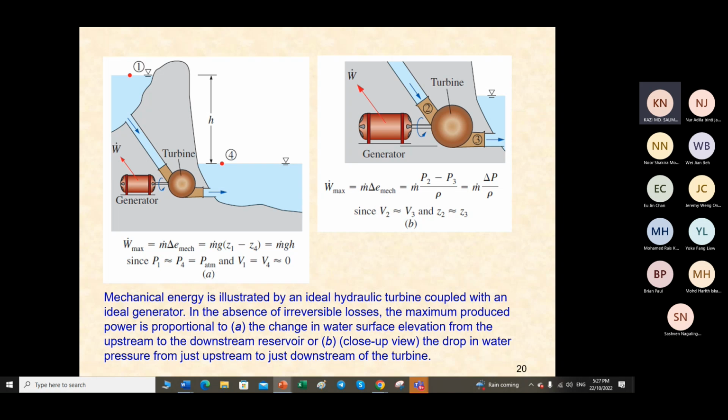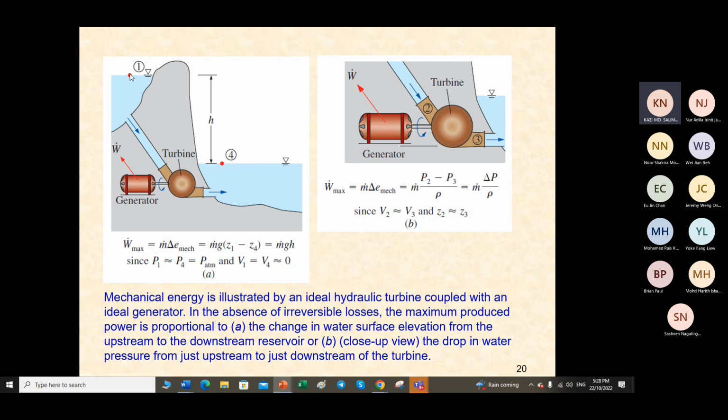So in this case, we can find how much mechanical energy, the pressure energy, there will be. So M into the difference in pressure divided by rho, P2 minus P1 by rho, which is equal to mass into delta P by rho. And the kinetic energy here: there is no flow velocity, because this head is just maintained.